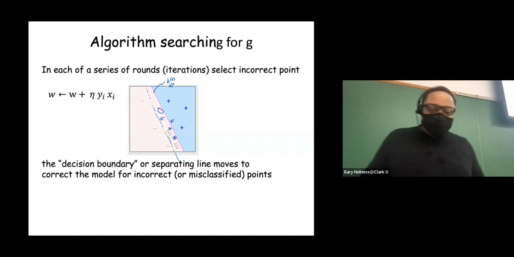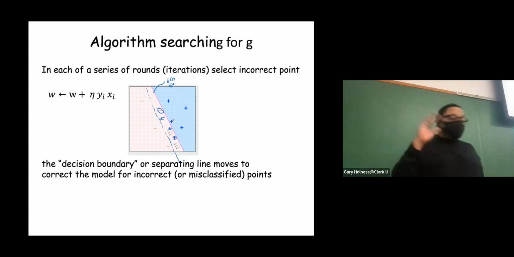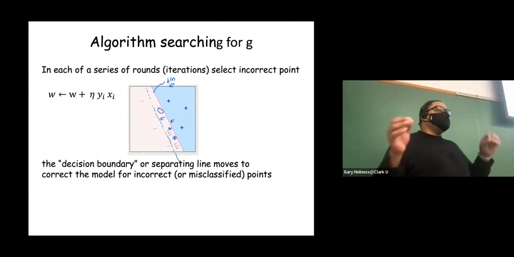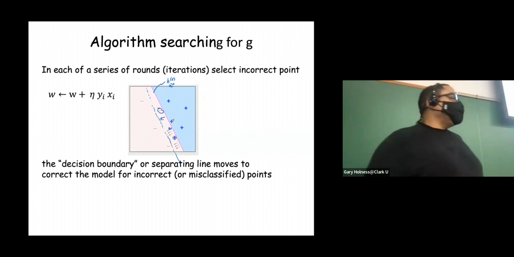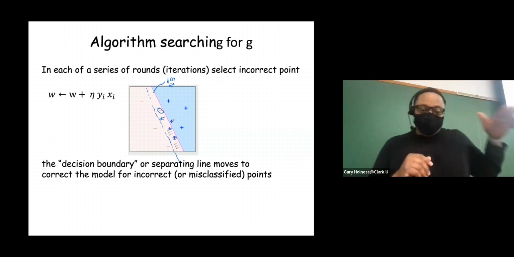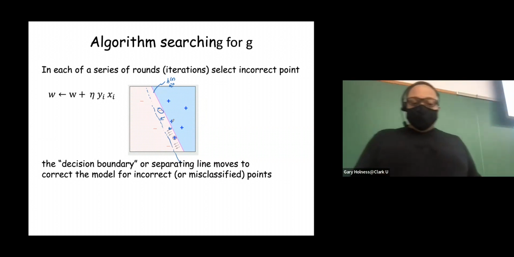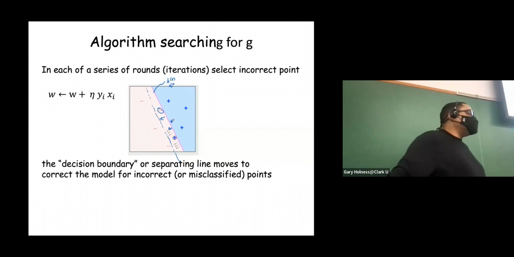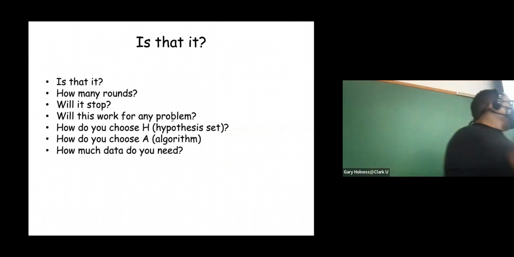And so this decision boundary or partitioning line for feature space moves or changes as a result of the PLA update rule. And this learning rate tells you how much it's going to move because we want to move it in the direction, but not be completely influenced by each misclassified point. Okay. And so you keep doing this for some number of rounds, and really that's it.